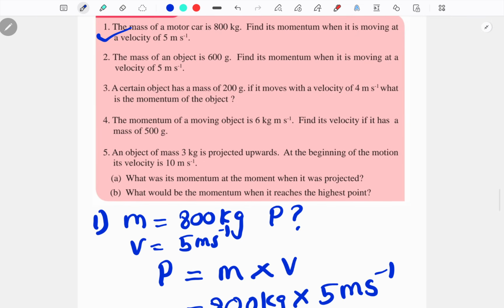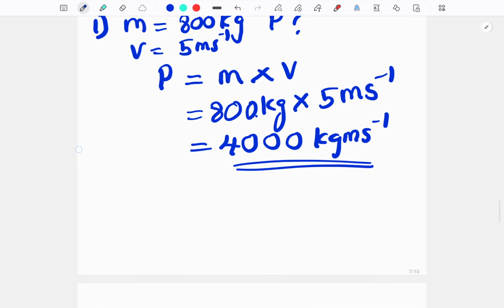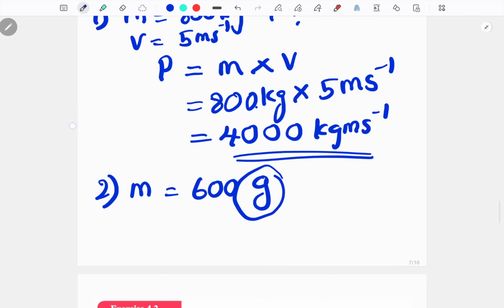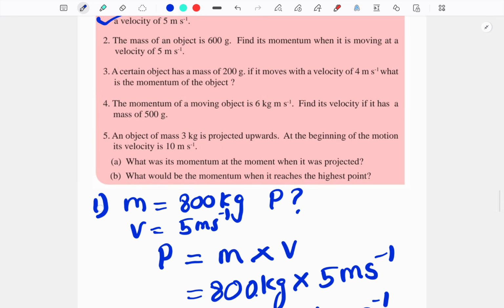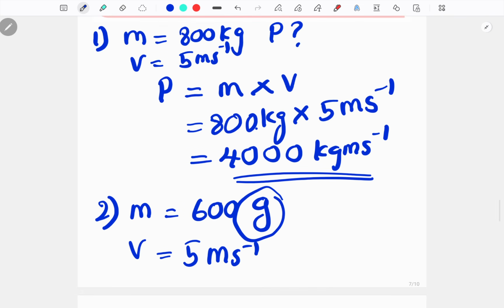Then the second one, the mass is 600 grams. You have to focus on those ones too. They gave the mass as 600 grams, but we know in equations we use only standard units. As gram is not a standard unit, you have to convert it into kilograms when you are doing the sum. Find its momentum when it is moving at a velocity of 5 meters per second.